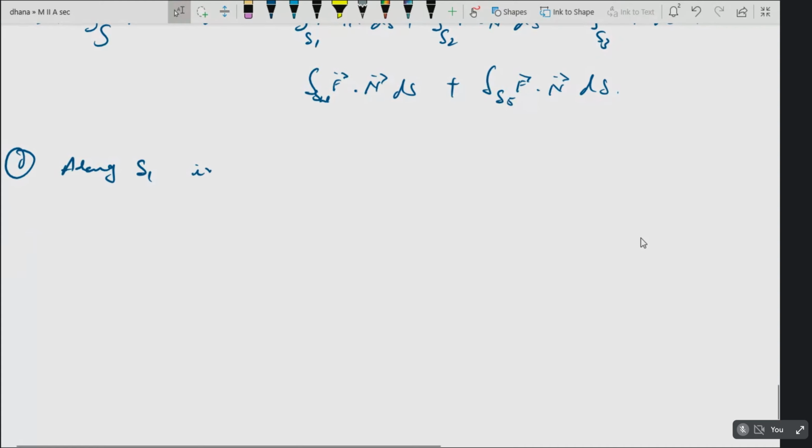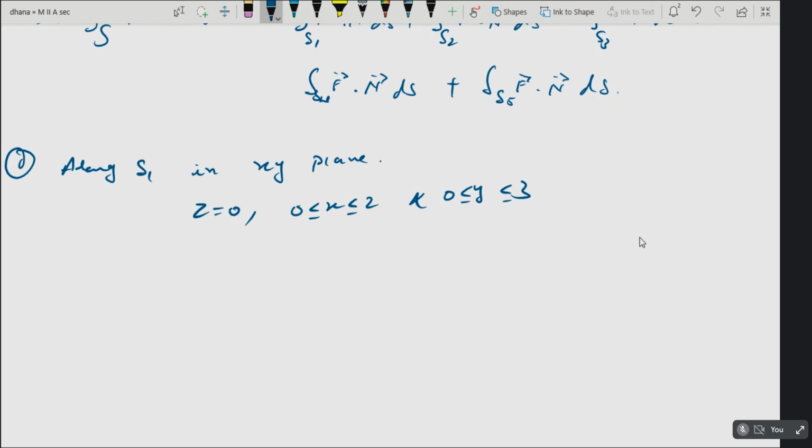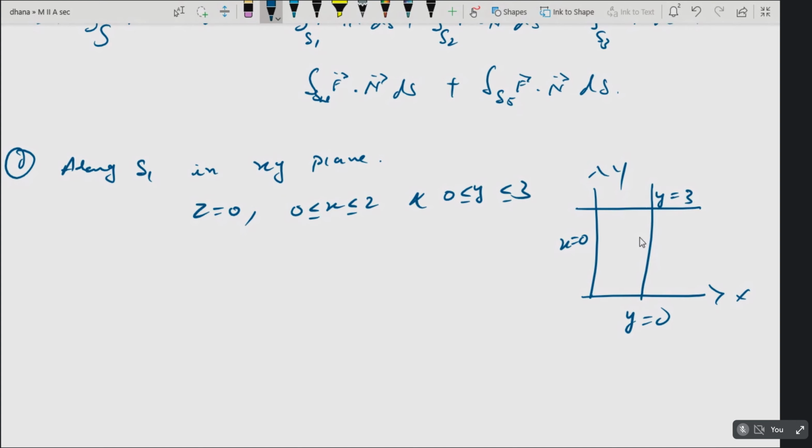In the XY plane, Z is equal to 0 and X is between 0 and 2, and Y is between 0 and 3. That means it's a rectangle. You have the x-axis and y-axis, y is equal to 0, x is equal to 0. You have this line y is equal to 3. You have this line x is equal to 2.